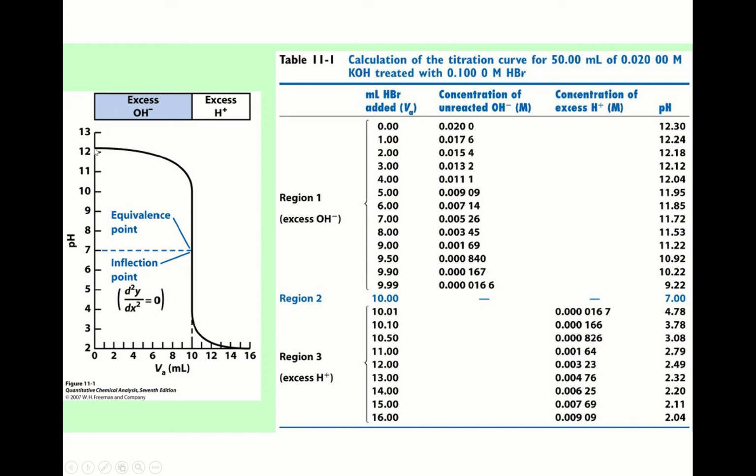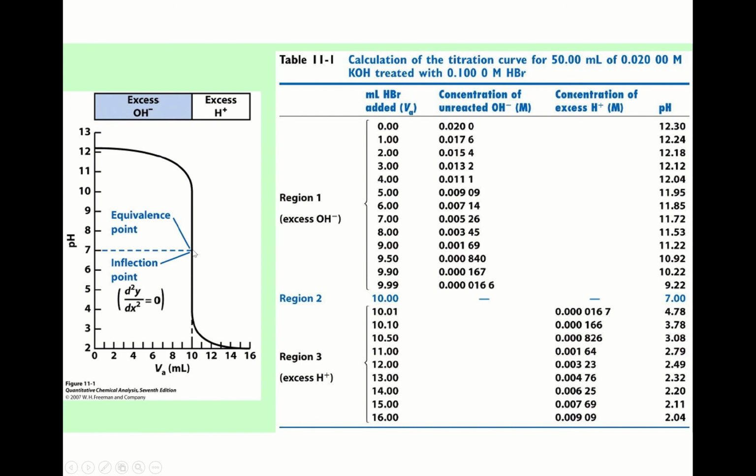Now we start at a very high pH, and when you add strong acid, pH at first decreases slowly, and then near the equivalence point, pH abruptly decreases, very rapidly, and then when you add more and more strong acid, it goes like that. So pH 7 is the equivalence point.